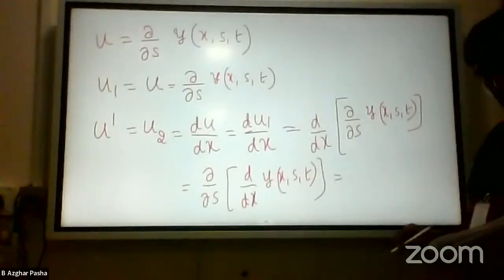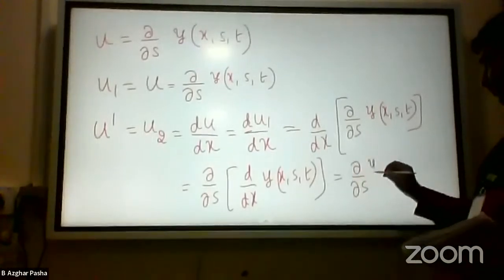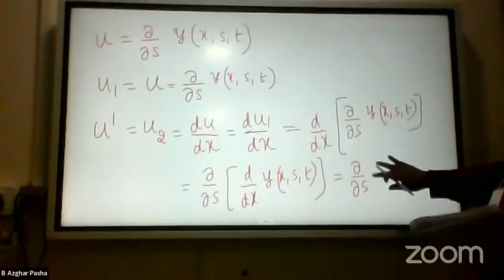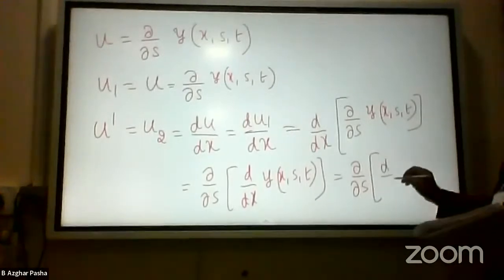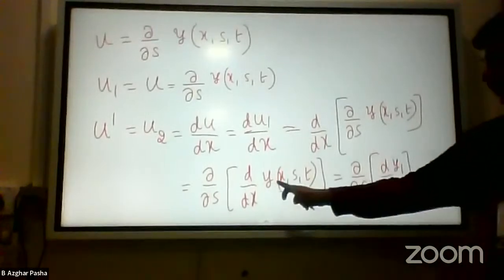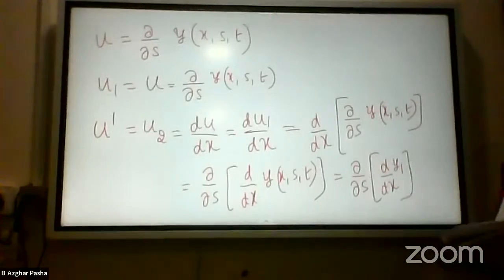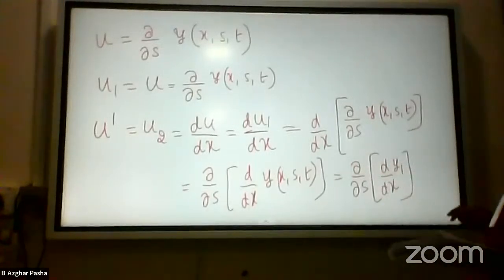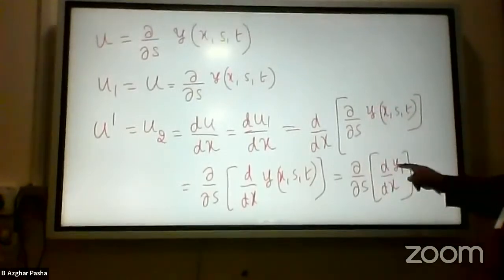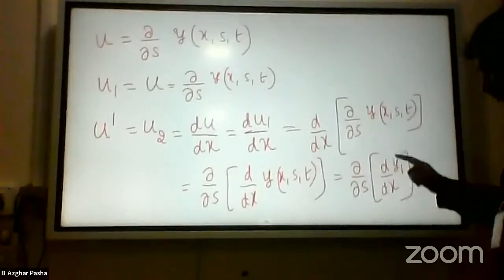That is equal to ∂/∂s of d/dx of y1. I am denoting y as y1, and dy1/dx is y2. Okay, so u', that is u2, is ∂/∂s of y2. This term is y2.